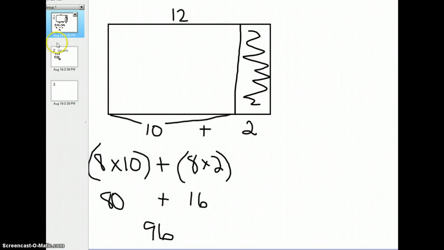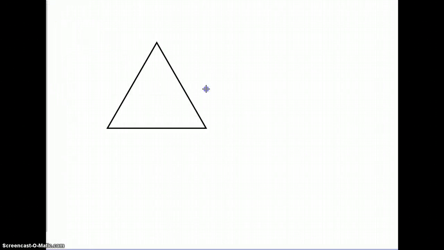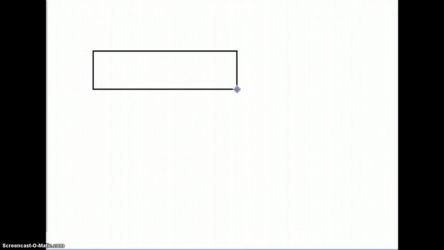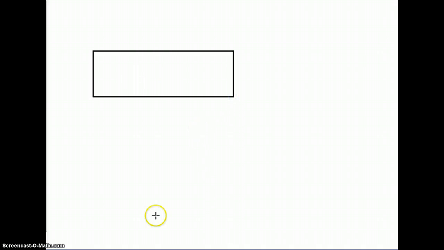Let's do one more example. Oops, that is not what I wanted. I apologize. Let's find a rectangle here. Let's say I have this rectangle here, and I have a 9.